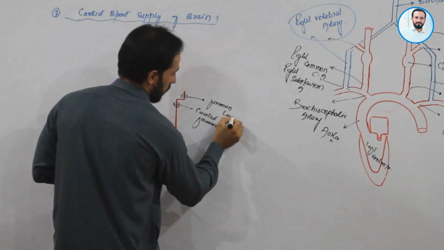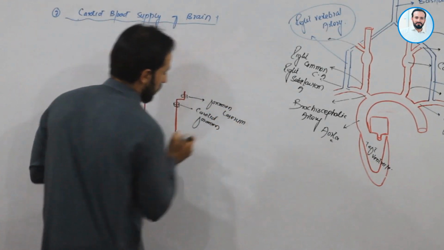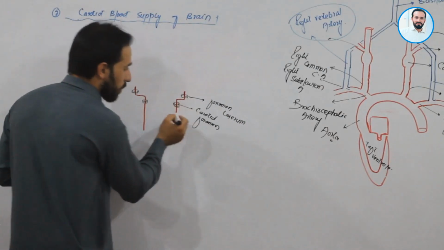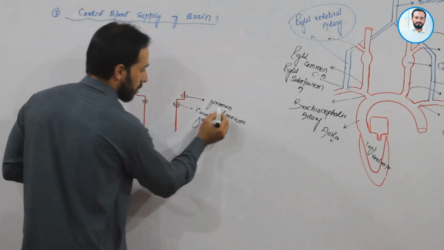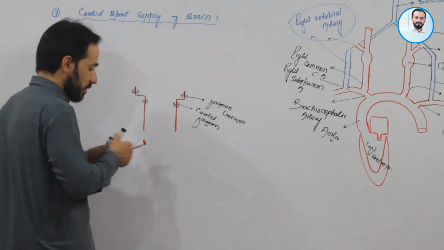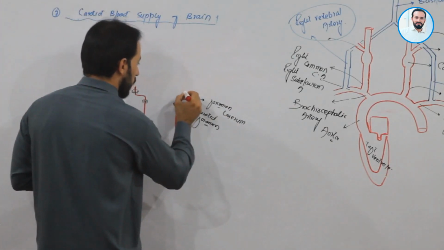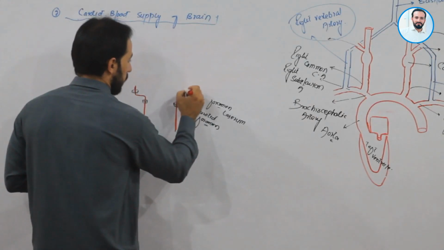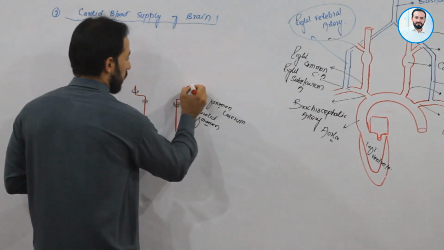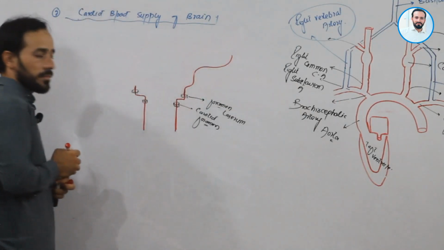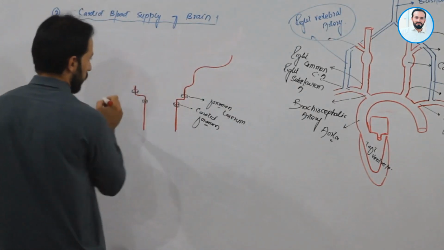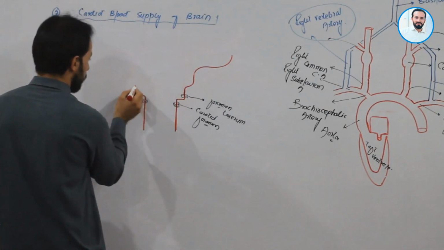Foramen lacerum, right friends? So these foramina are important, that's why I am mentioning carotid foramen and foramen lacerum. When both of them come a little up, they turn like this and then move like this. Clear? This one also, right?